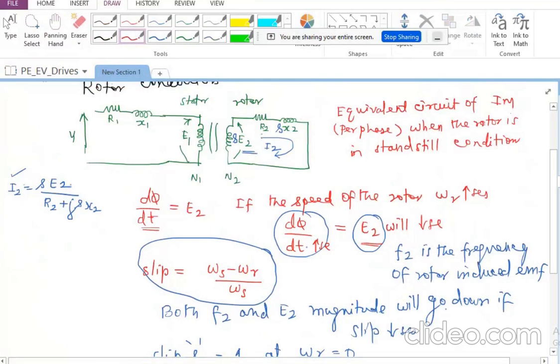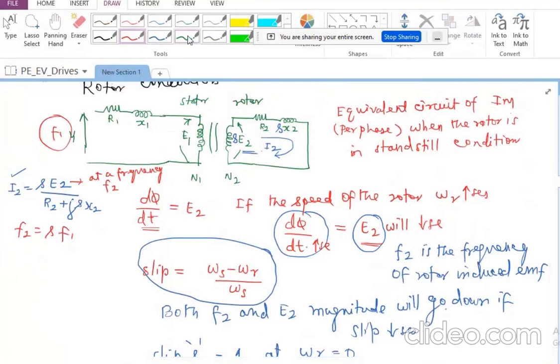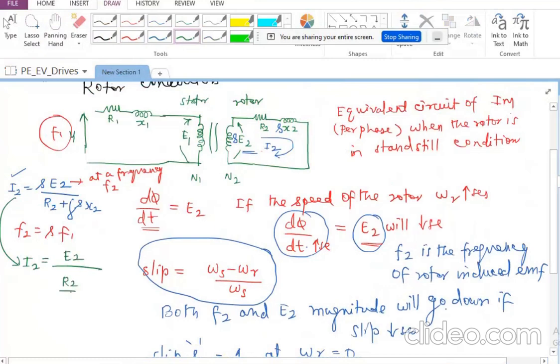SE2 is also at a frequency of F2, where F2 equal to S times F1. If I call the frequency here F1, the frequency of the induced EMF in the rotor is going to be F2, which is also S times F1. So I can write the same equation as I2 equal to E2 divided by R2 by S plus jX2.